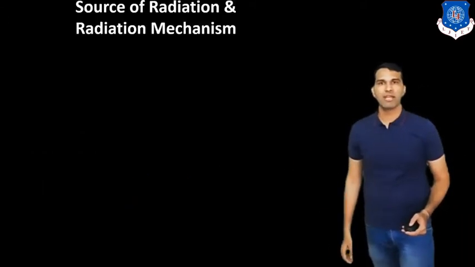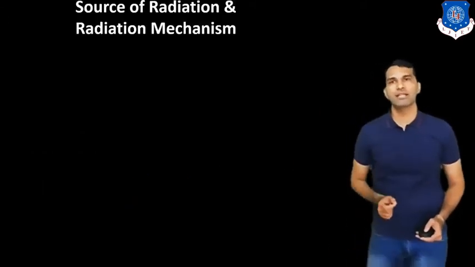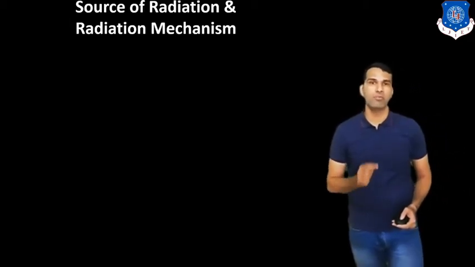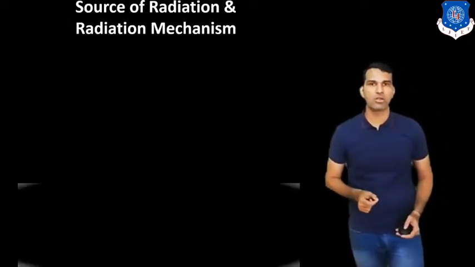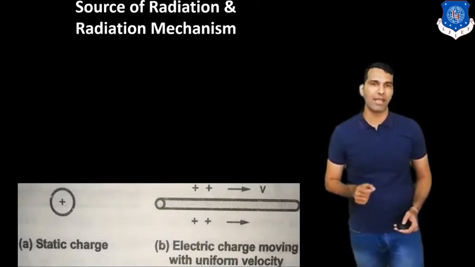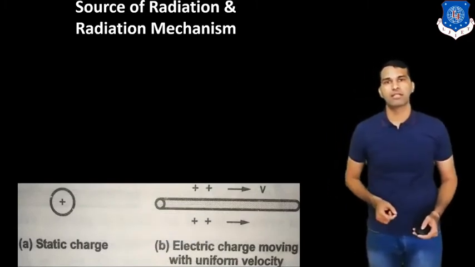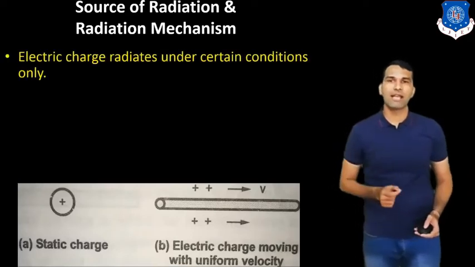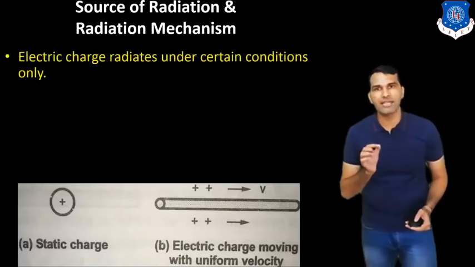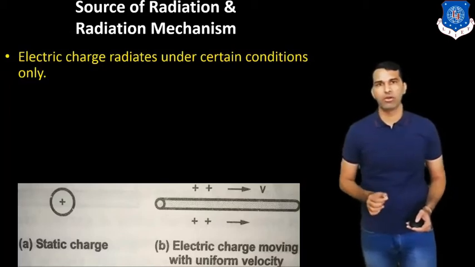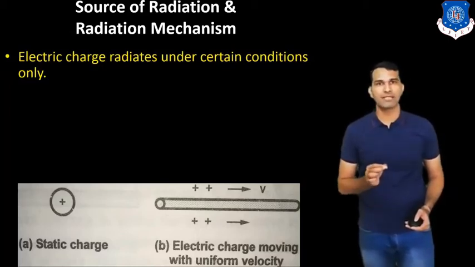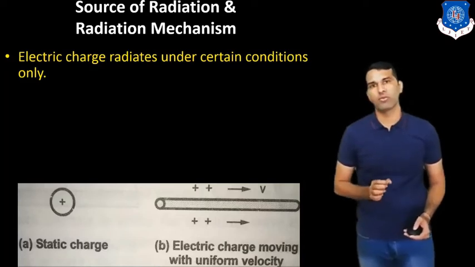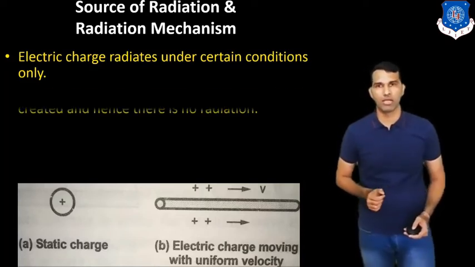First, we understand the source of radiation and the radiation mechanism. How the source radiates energy, we will discuss in this slide. The electric charge radiates under certain conditions only.